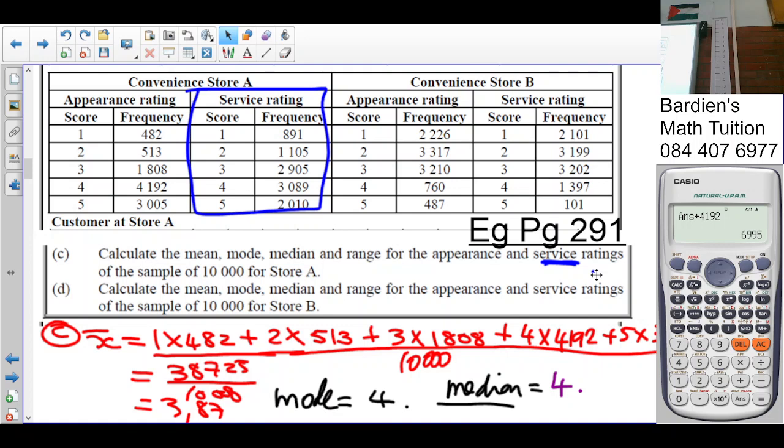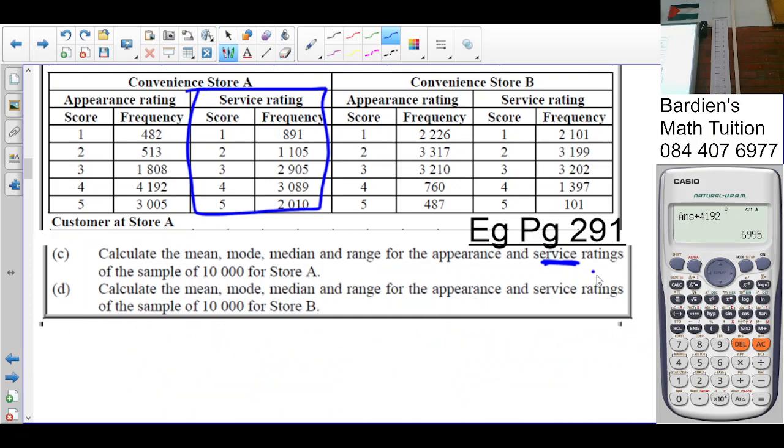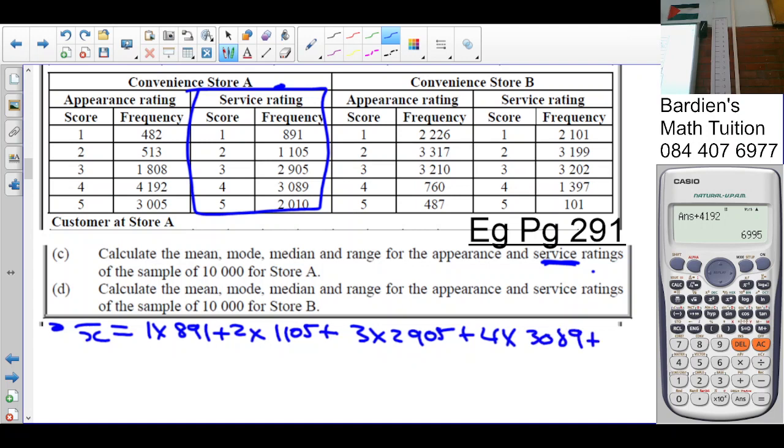Okay. You guys got it? Yes. So for your mean, it's going to be 1 times 891 plus 2 times 1105 plus 3 times 2905 plus 4 times 3089 plus 5 times 2010.